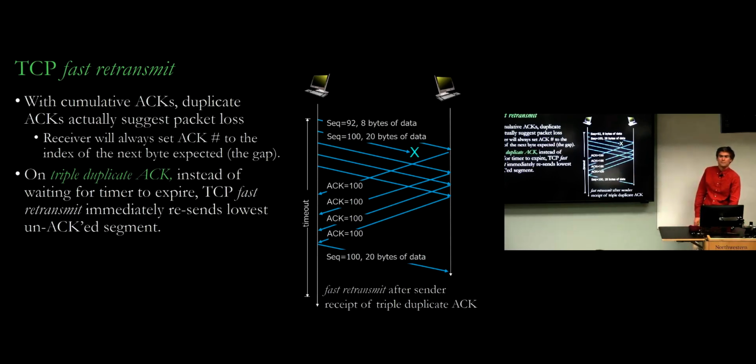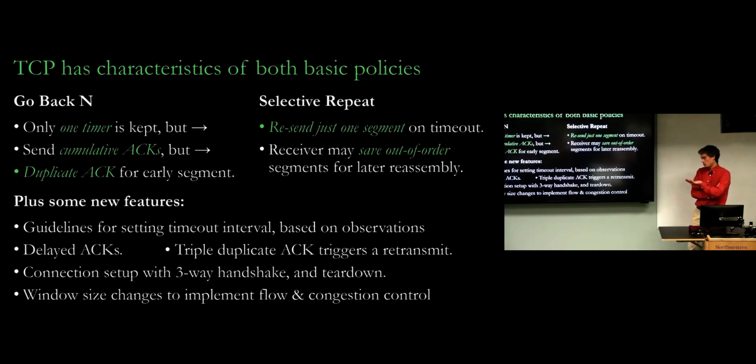All right. So in summary, TCP has characteristics of both of the policies I talked about last time, go back N and selective repeat. Like go back N, it has one timer. But unlike go back N, it resends just one segment when that timer expires, just the segment corresponding to the latest received acknowledgement.